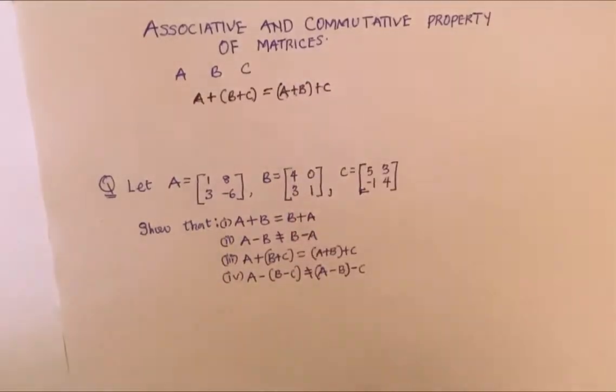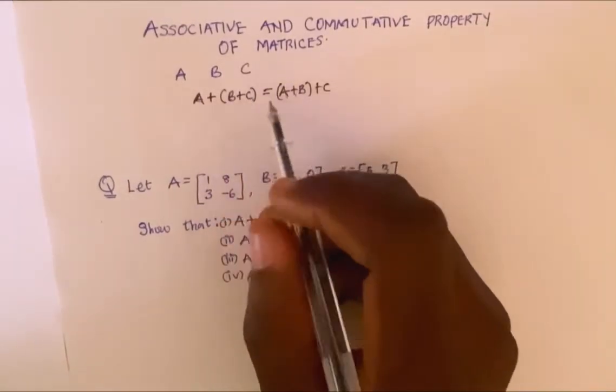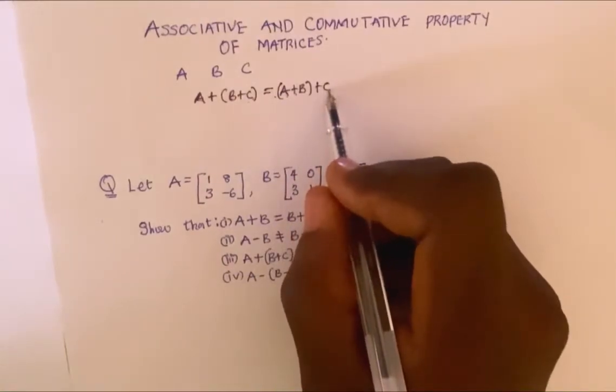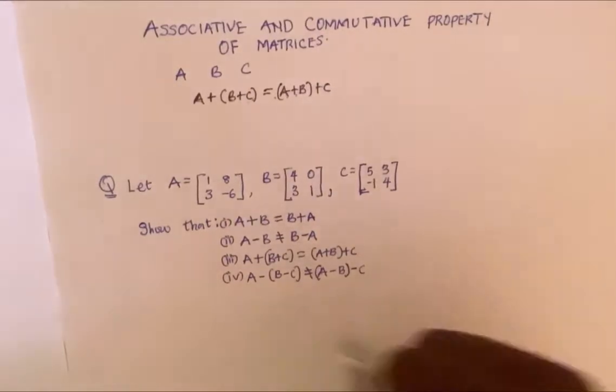So the associative property states that A plus (B plus C) must be equal to (A plus B) plus C. But it depends on the notations that we have.